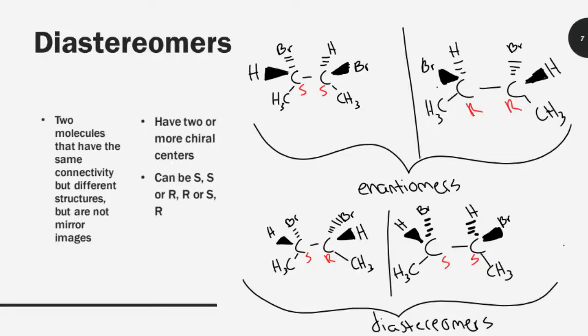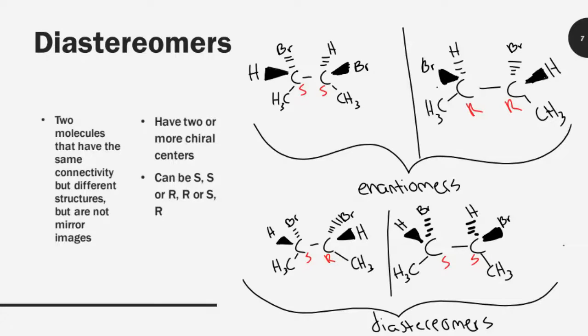Okay, diastereomers. This really isn't that important. The most important part of this section is the absolute configuration and knowing how to assign that. Diastereomers are 2 molecules that have the same connectivity but different structures, but they're not mirror images. So they'll have 2 or more chiral centers, and we could have like SR or SS.